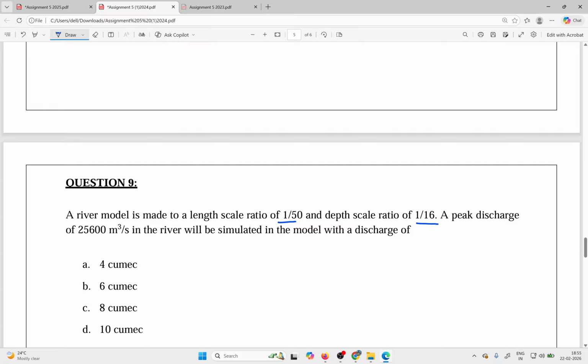So what will you use for the discharge here in your model in the laboratory.